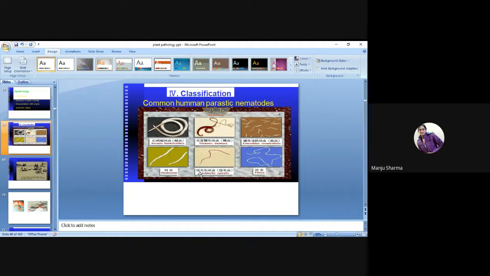Then the classification of nematodes. Common human parasitic nematodes are Ascaris lumbricoides, Trichuris trichiura, Enterobius vermicularis, hookworm, Trichinella spiralis, and filaria.